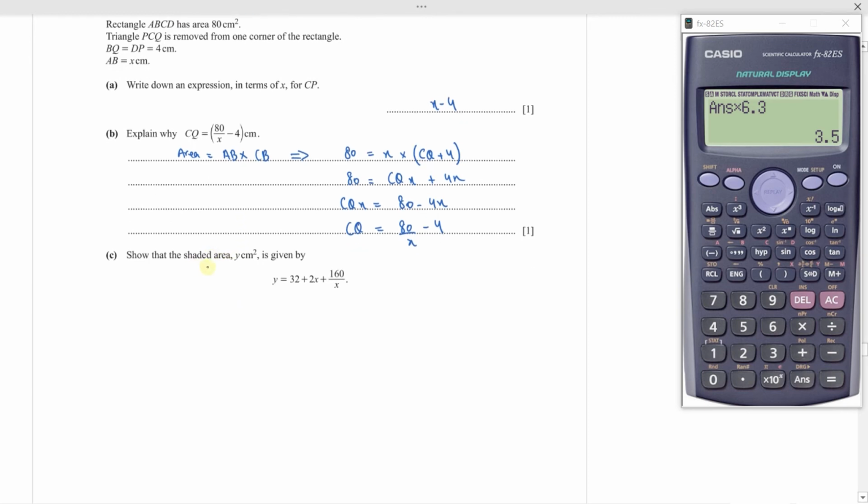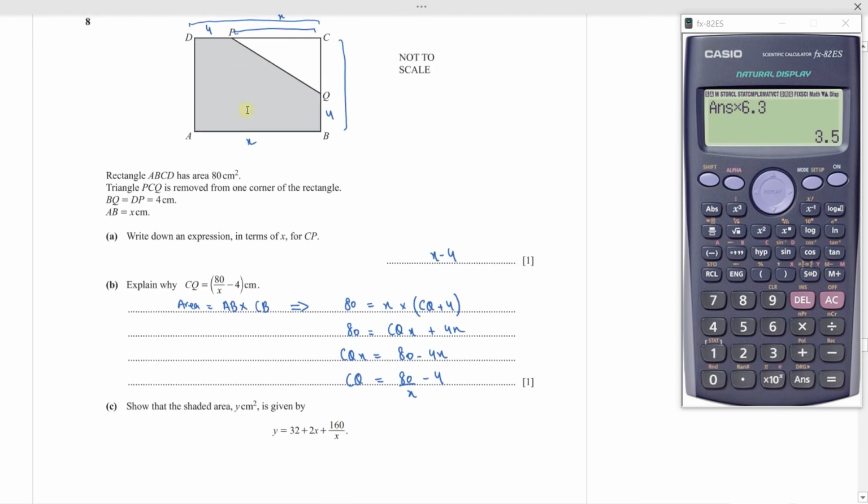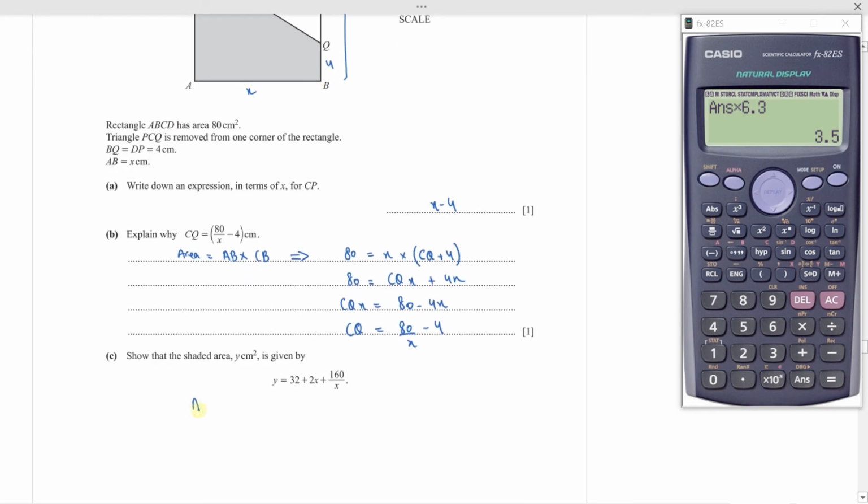Part C is show that the shaded area y centimeter square is given by y equals 32 plus 2x plus 160 over x. So the shaded area will be the area of this rectangle ABCD minus the area of this triangle PCQ. Let me write down the area of the triangle first.